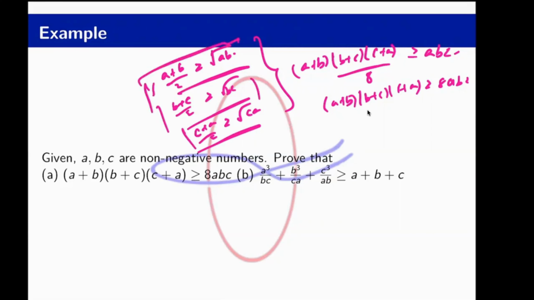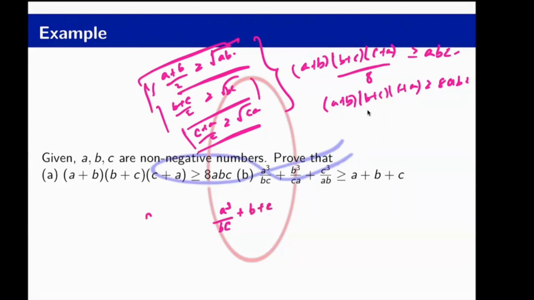In our second inequality, it is pretty straightforward. Take a cube by bc plus b plus c.